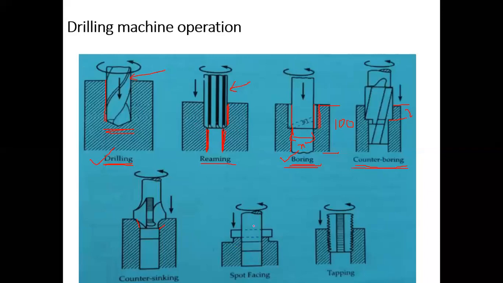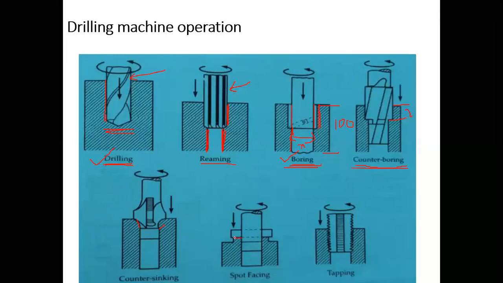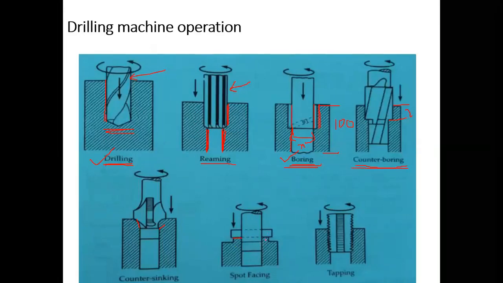Finishing the hole on the inside is called reaming. Similarly, finishing on the surface above the hole is what you call spot facing. And similarly, tapping is nothing but making internal threads. We already have a hole that we made, but after making the hole, we also need internal threads. So making internal threads is called tapping.